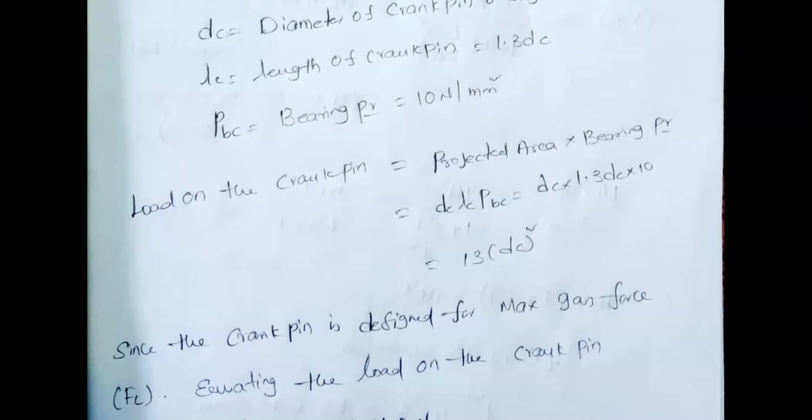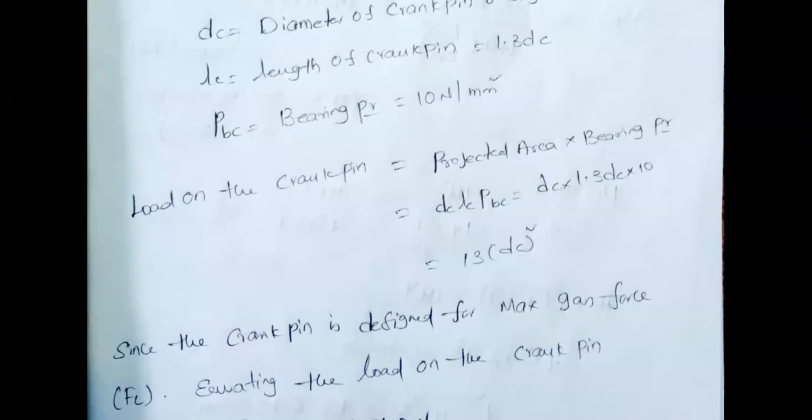Right? Now the same process will be repeated for your piston pin. The load acting on the piston pin means DP into LP into PBP. It is the same procedure for the crank pin and piston pin.